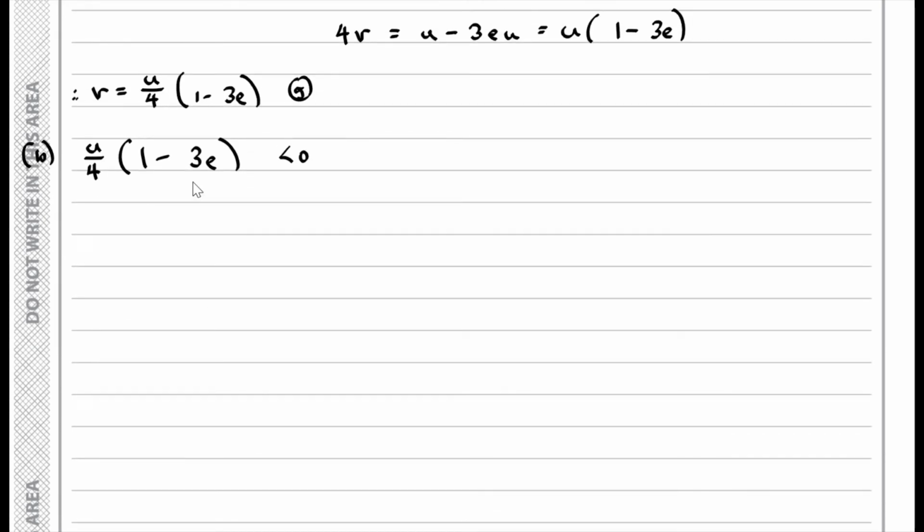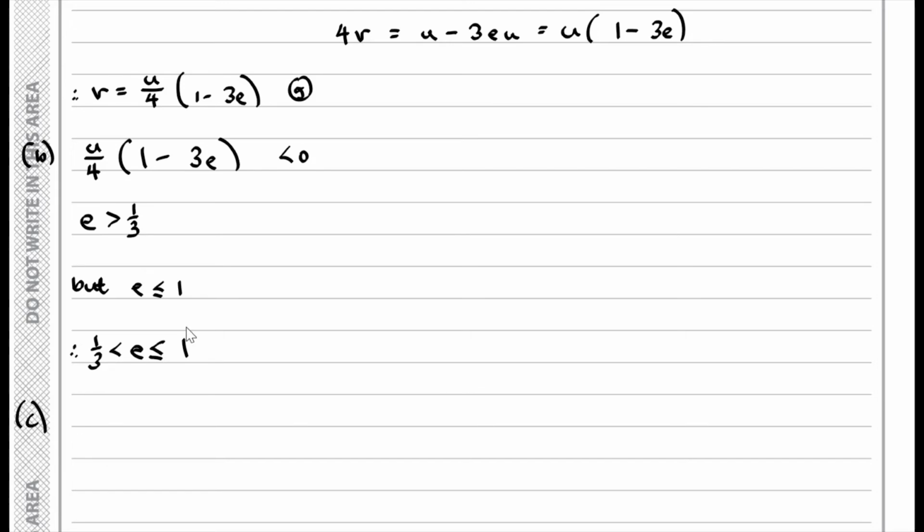If we solve for e, ignoring the u over 4 bit, you'd find e to be greater than 1/3. And we already know that e must be less than or equal to 1. Therefore, in terms of our range of values for e, we have 1/3 less than e, which is less than or equal to 1.